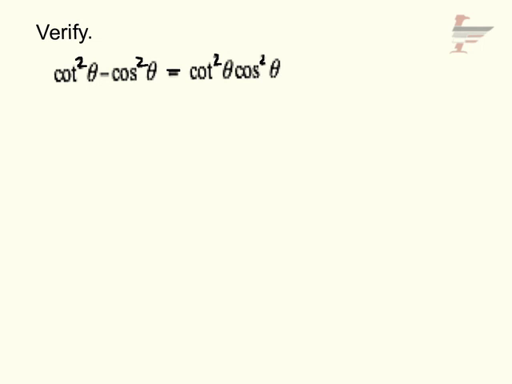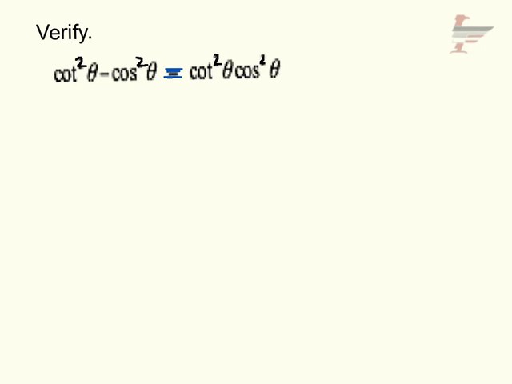All right, this next one is a verify, and remind yourself that verify means you want to get one side equal to the other, so that's supposed to be an equal sign in the middle. So cotangent squared theta minus cosine squared theta equals cotangent squared theta times cosine squared theta. What a cool thing. So I'm going to work with the left-hand side.